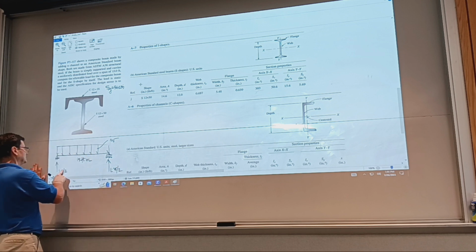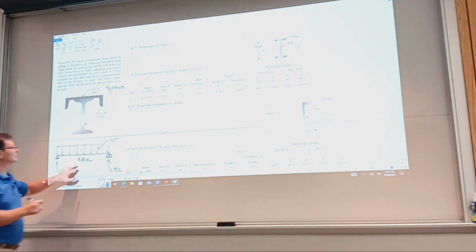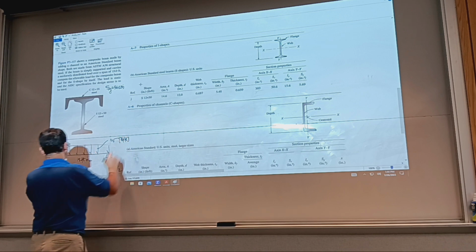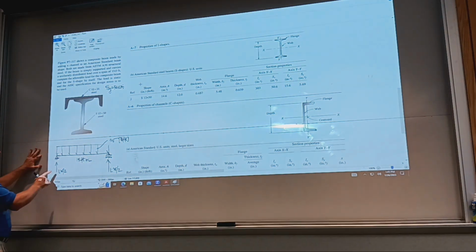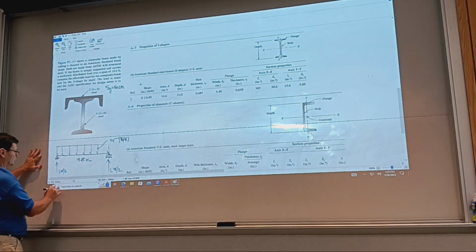It should be lowercase w, since we usually take uppercase as weight. Units would be pound per foot if we work this way. We can draw the shear force diagram; I'm forced to draw it here.